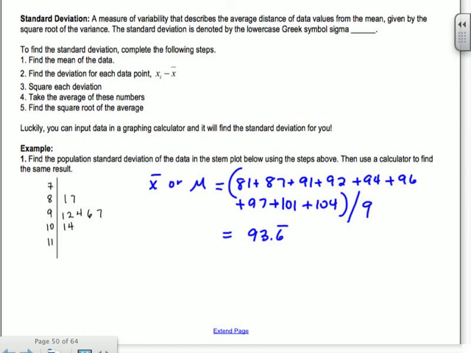So hit STO, S-T-O, and then alpha A. Or you could call it M for mean. That would be good too. So whatever. Then hit enter. And then that number should come back up, showing you it's now stored. Okay, because what we need to do is find the deviation for each data point. So I'm going to write store as A.